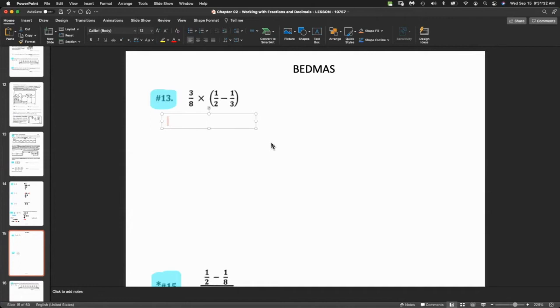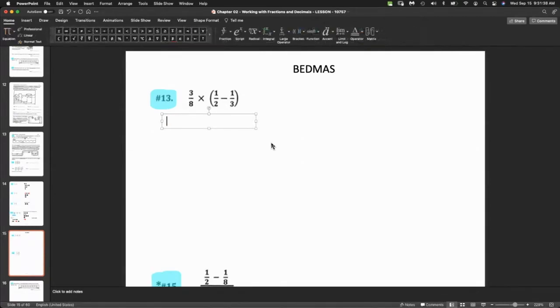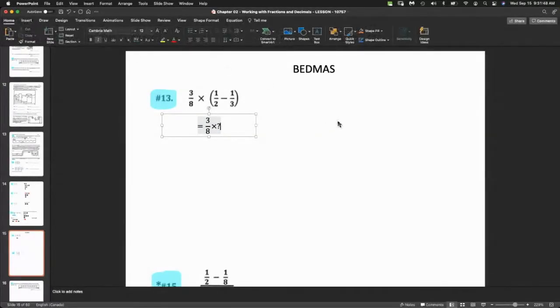That's correct. Matthew says the brackets, and sorry, the subtraction, because the subtraction occurs in the brackets. So that's going to equal 3/8 times, whoops. And I'm going to do that 1/2 minus a third on the side.